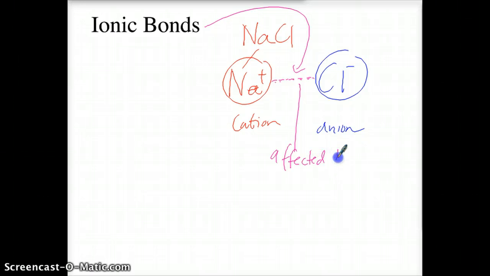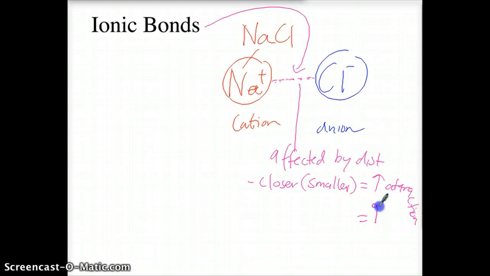So we know as you make these atoms closer to each other, aka having smaller atoms, that's going to cause an increase in attraction, which I'm going to write on the side here, which means an increase in melting point. So when these metals and nonmetals get smaller and closer together, there's more attractive force, which increases melting points.